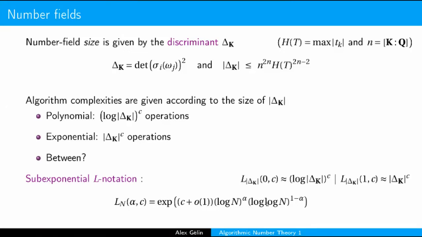So what does it mean? It means that when alpha equals 0, the complexity is polynomial. When alpha equals 1, we have something that is exponential. Alpha between 0 and 1, you get something sub-exponential. So what we want to do is to get an alpha as small as possible.